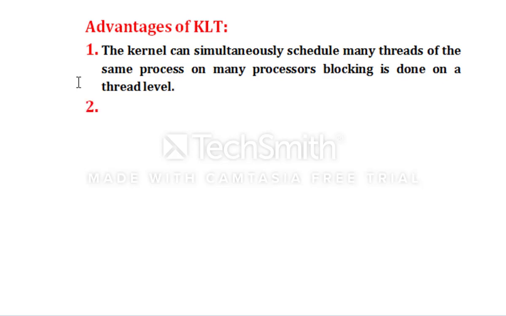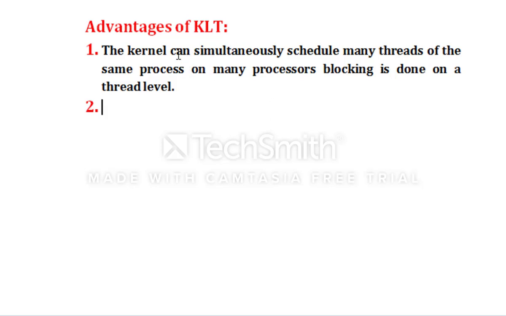But when we were discussing the user level thread, the user cannot simultaneously schedule on a number of processors, right? Because there is only a single processor system and a single threaded environment where the application only creates a single thread.